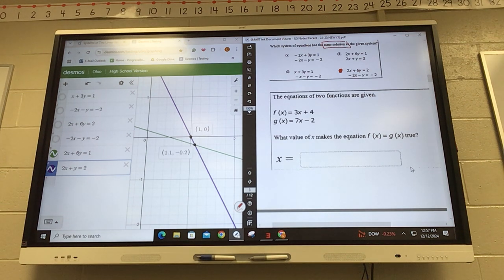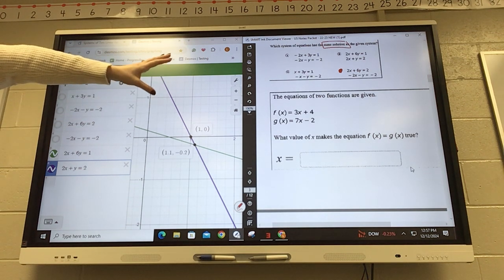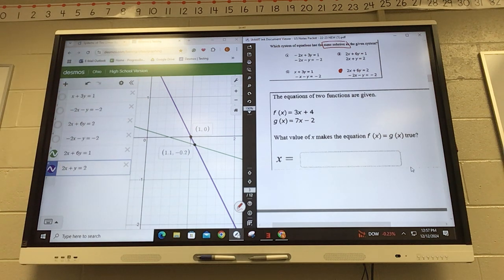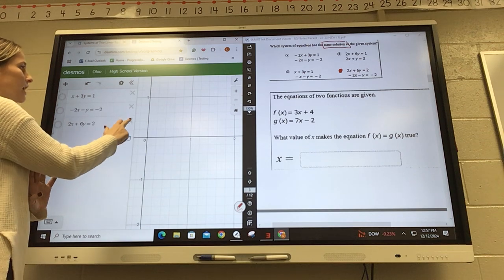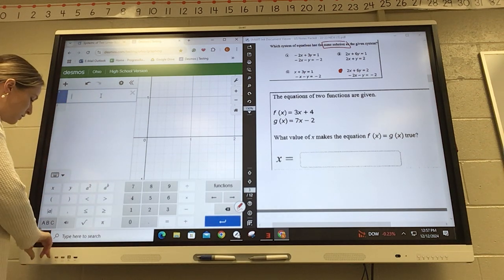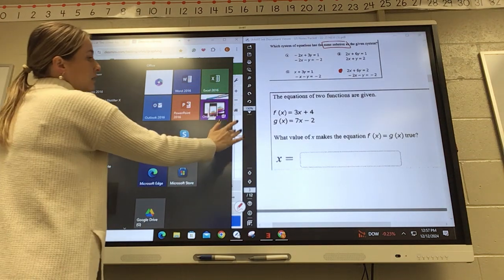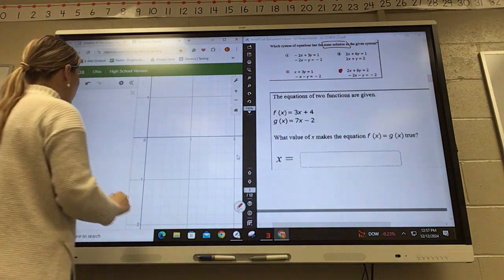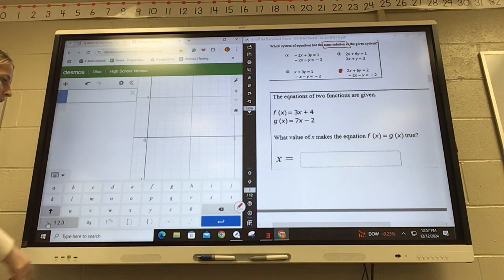So if you are ever given a question like this, what would you do if you were stuck? Anytime you are given an equation, just plug it into Desmos and see what the graph looks like. I promise you, you may end up getting lucky, and even if you don't know what you're doing, you may be able to guess correctly.